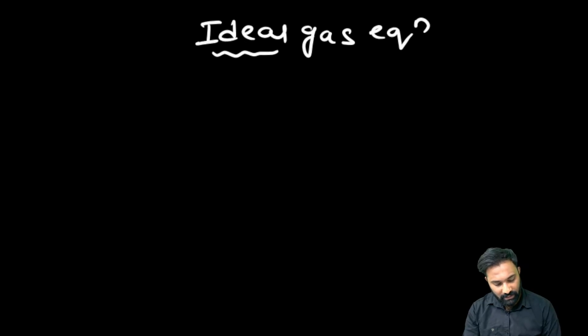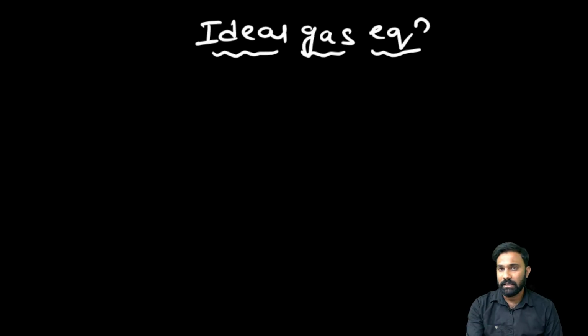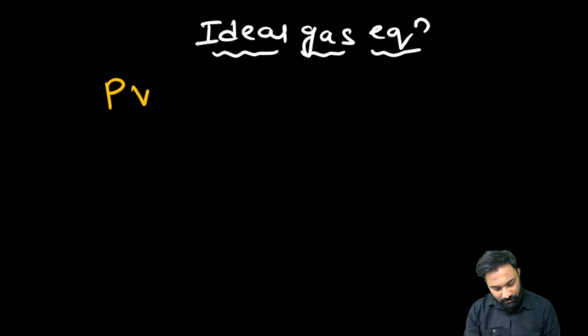Now what is the meaning of the ideal gas equation? How this ideal gas equation came in states of matter, I will explain very clearly. But as of now you just remember, the ideal gas equation means PV is equal to nRT.